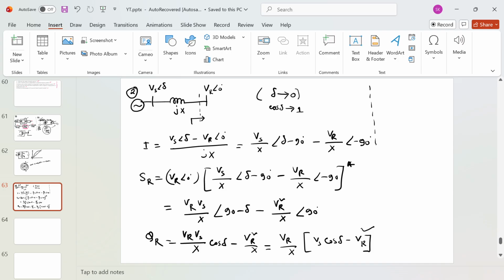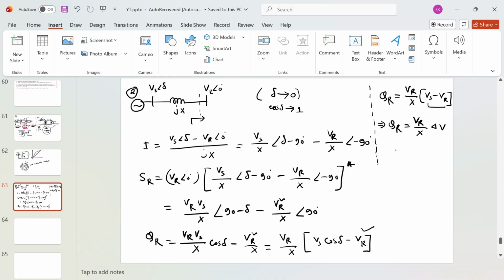So from this equation, the reactive power at the receiving end is basically Vr by X times (Vs minus Vr). I am calling this term Vs minus Vr as delta V. So I have QR equals Vr by X times delta V.